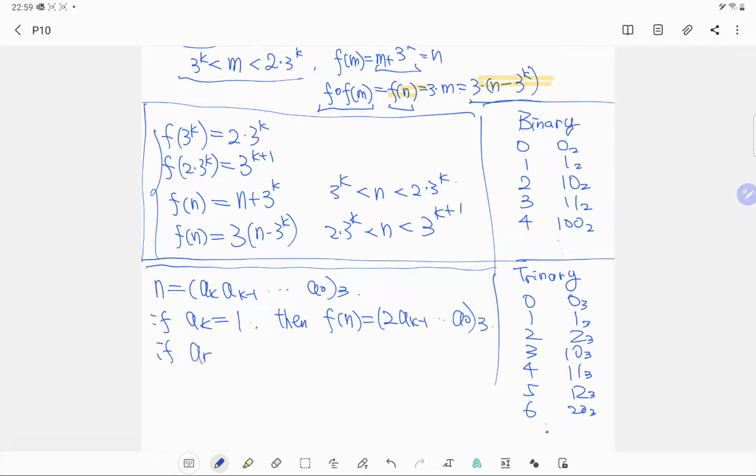If ak equals 2, then f of n equals 1, ak minus 1 up to a0, and then we have an additional 0 at the end. Or you can regard it as you change the first digit from 2 to 1, and then we add a 0 at the end. So this is actually like this.